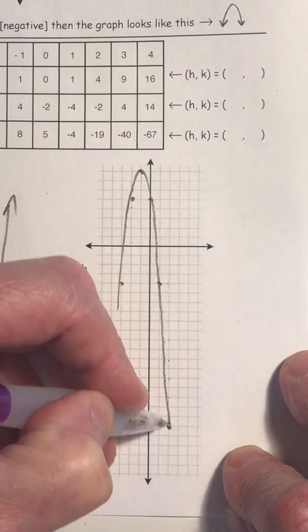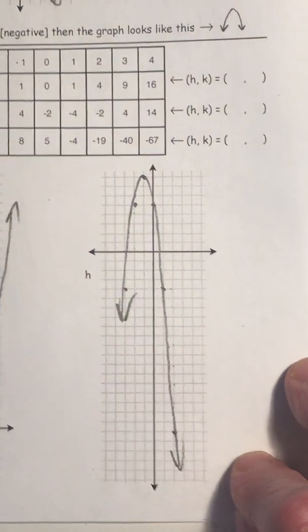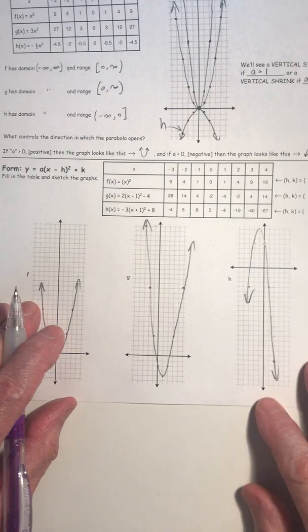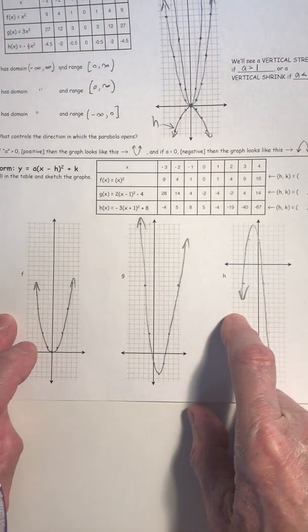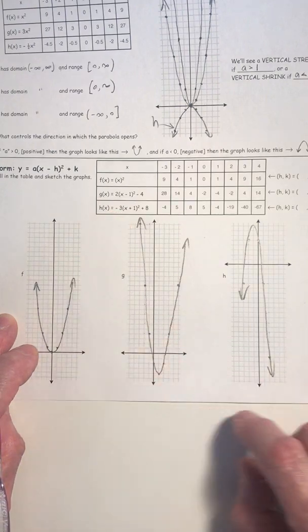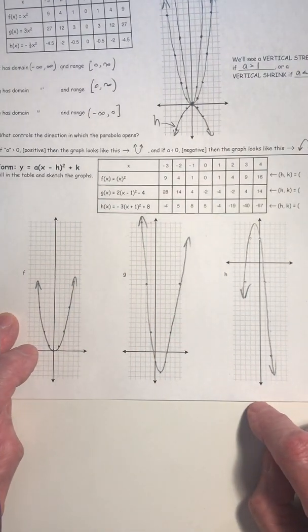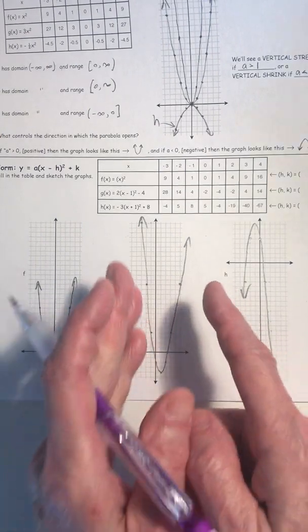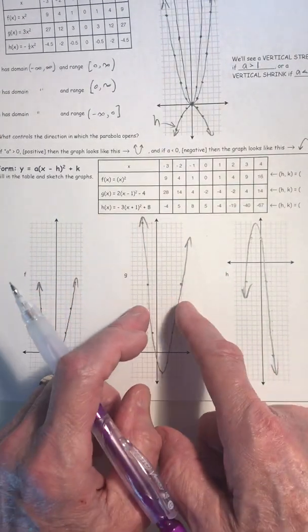Okay, so now what general conclusions can we make about these? First, looking at all three of them, only one of them opens down, and the one that opens down had a negative a value, had that -3 out in front. Now, had your teacher done a better job of drawing, you'd notice this one is a little skinnier, narrower than this one.